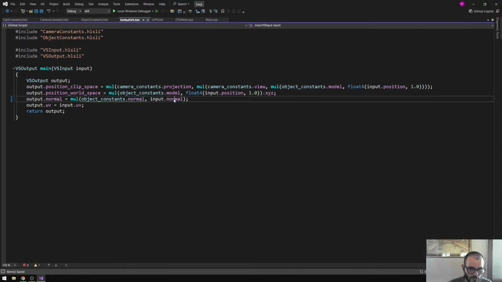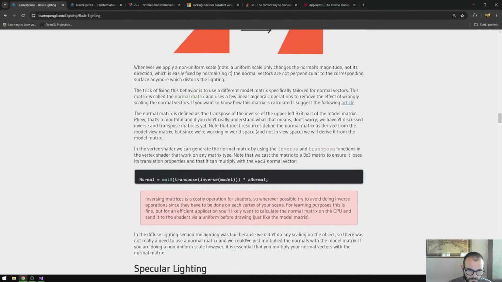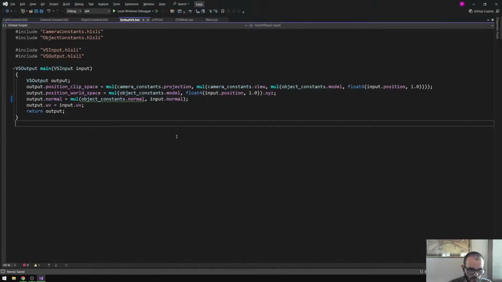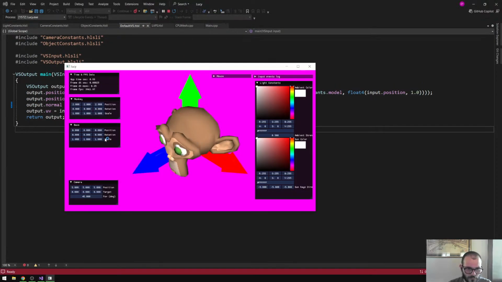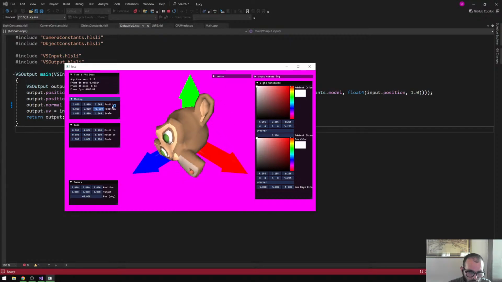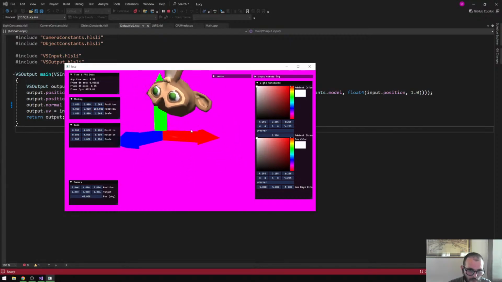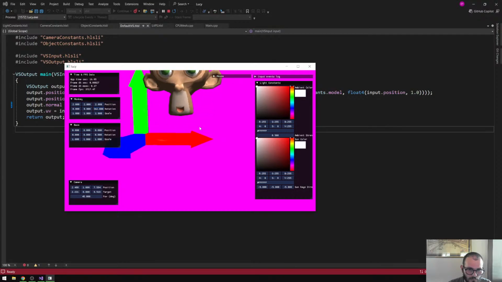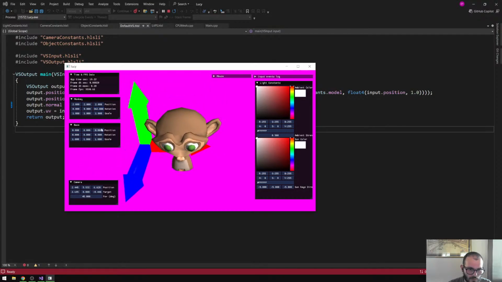So we take our normal and multiply it by our normal matrix to get the normal we want. Yeah, it kinda works.